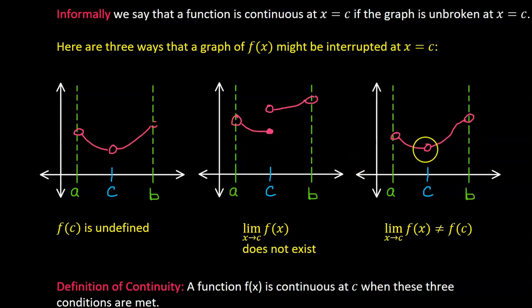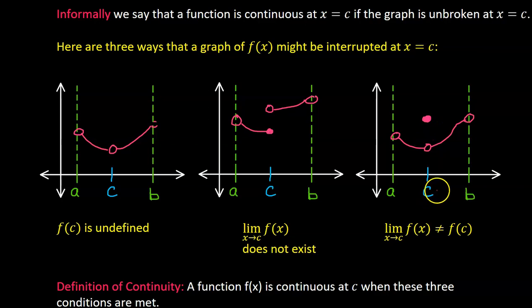The only problem is, the way I have it drawn right now, the function is undefined at c. Well, I can fix that by putting a point right here to represent the value of the function at c. So now the function is defined at c.